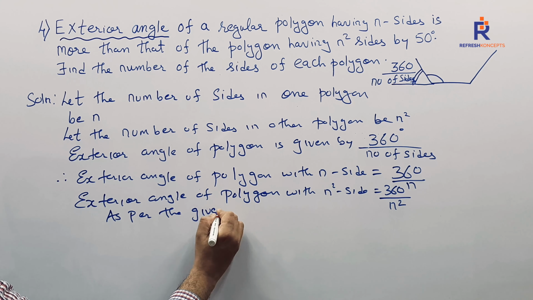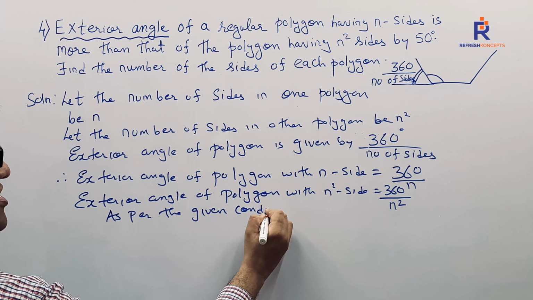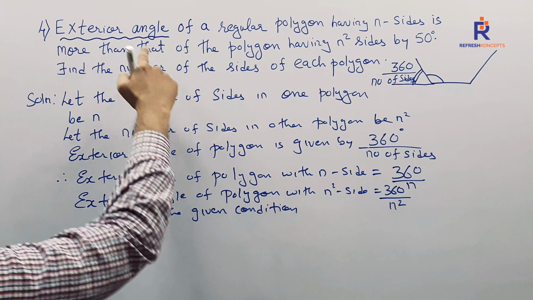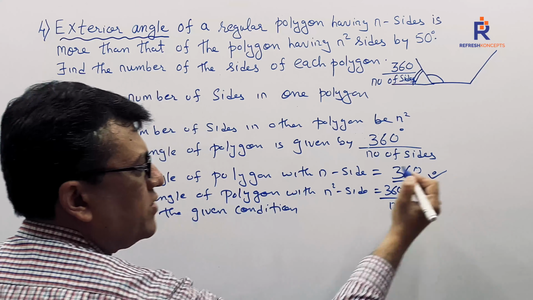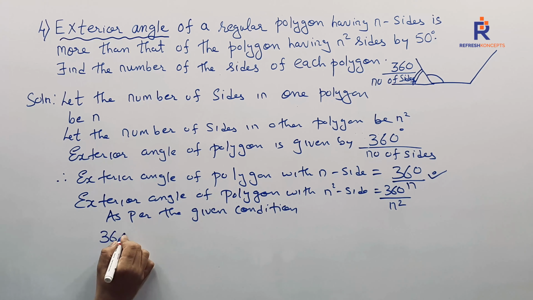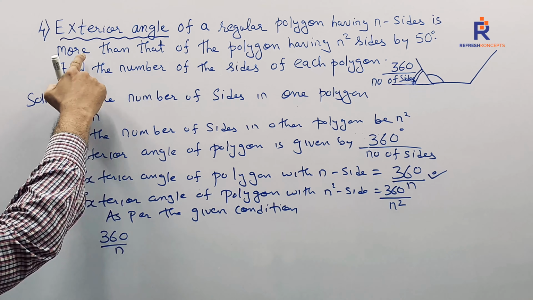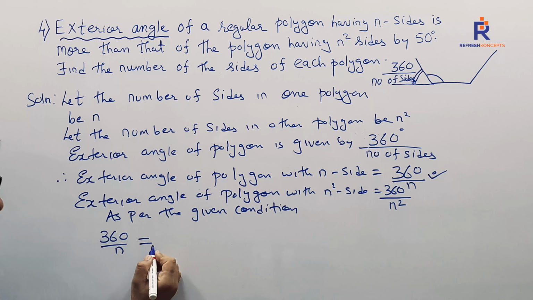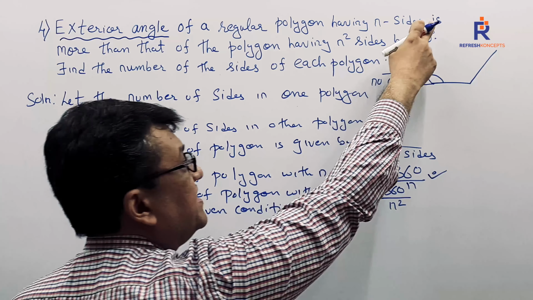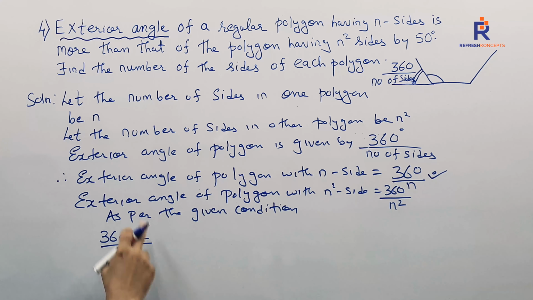Let's frame the equation as per the given condition, children. They say the exterior angle of a polygon having n sides, this one, 360 by n, is equal to, whenever we have 'is' we write equal to.